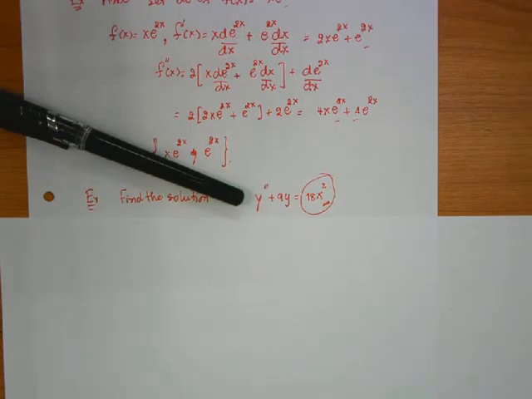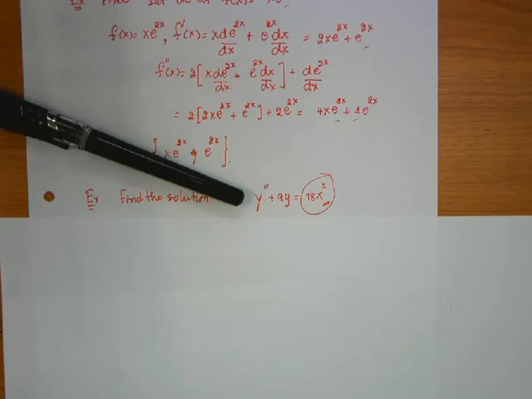How do you know whether it is homogeneous or non-homogeneous? You look at f(x). If your f(x) is equal to 0, that means it is homogeneous. But this one, is your f(x) equal to 0? No, your f(x) is equal to 18x squared. So that means this differential equation is non-homogeneous.